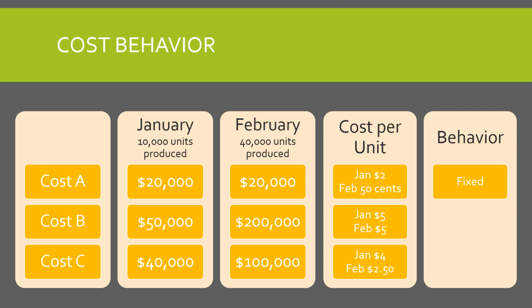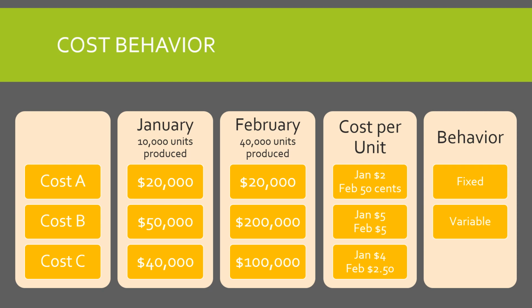When I look at cost B, I can see it was 50,000 in January, 200,000 in February, not constant in total. Therefore, it's not a fixed cost. When I look at the per unit, though, it is $5 in January, $5 in February. So this is something that is constant per unit, varies in total. This is our definition of a variable cost.